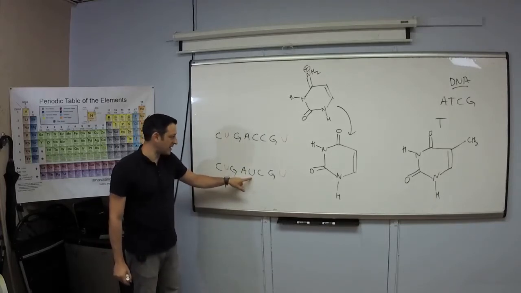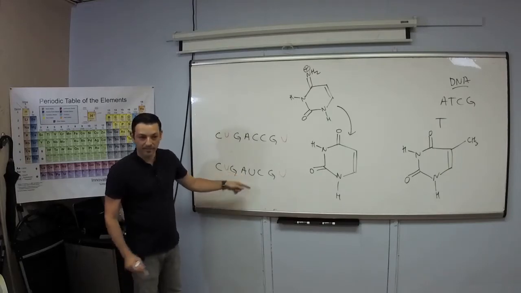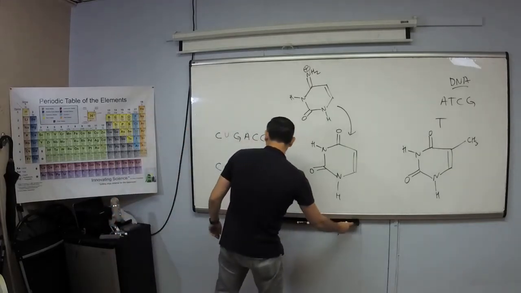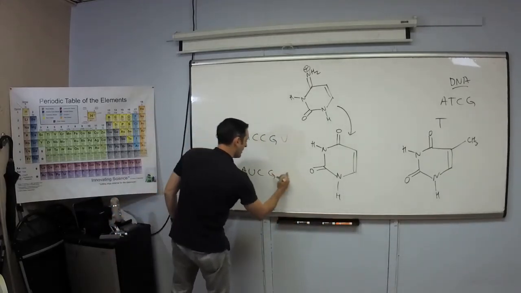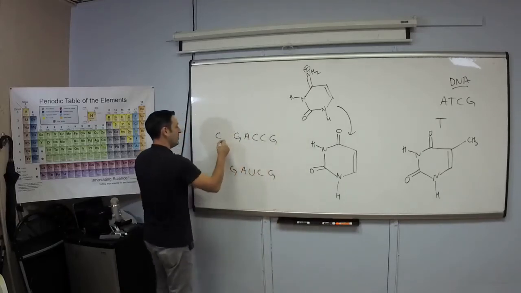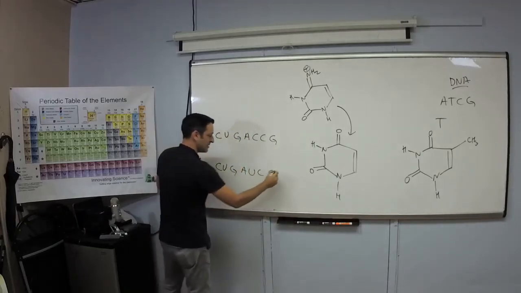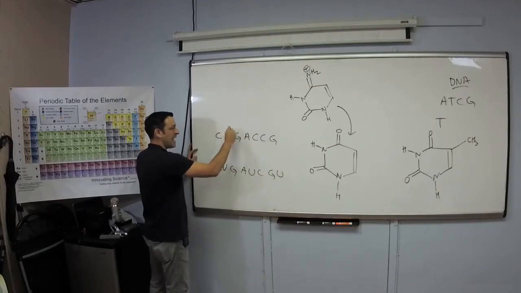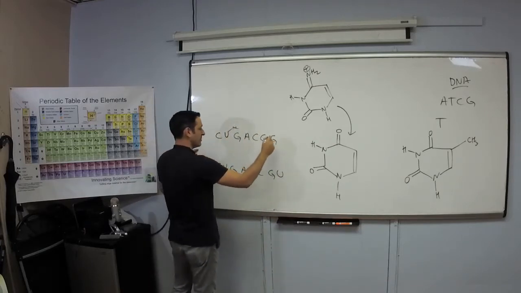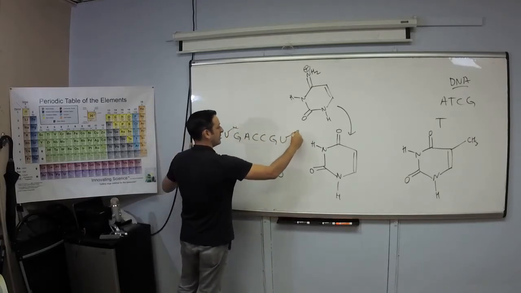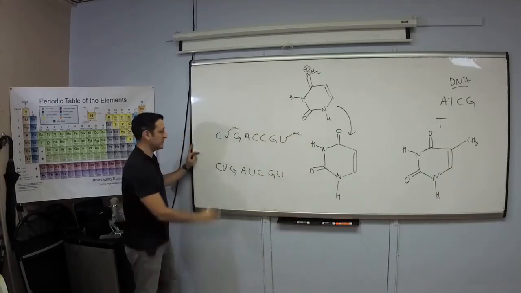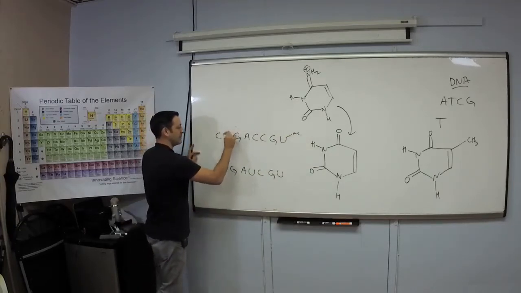So that's fake. That must have been a C. Well, instead of like color coding it, what if you gave uracils a little tag, like a methyl group? Called it a thymine.